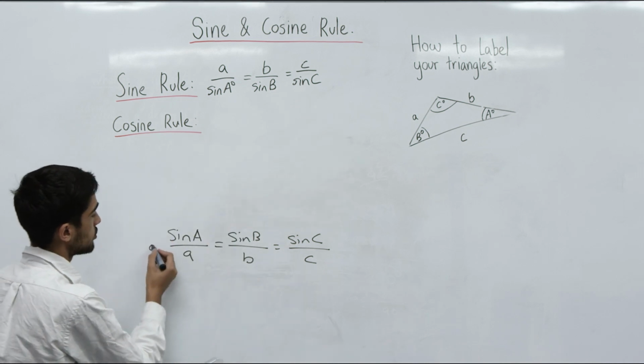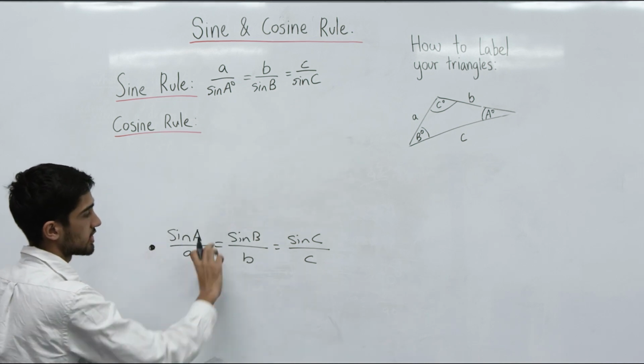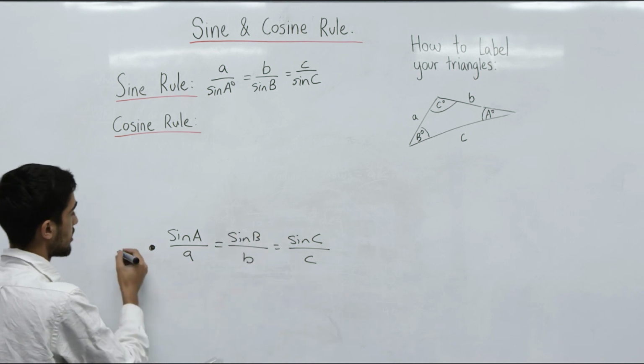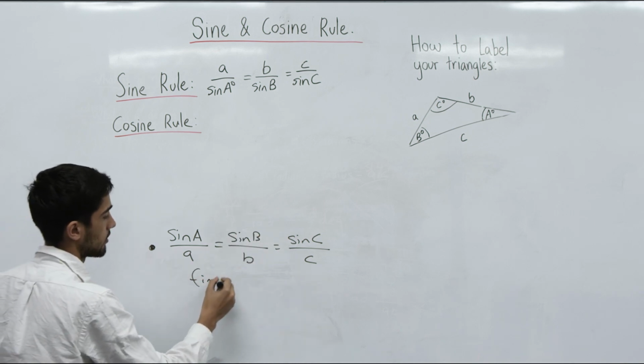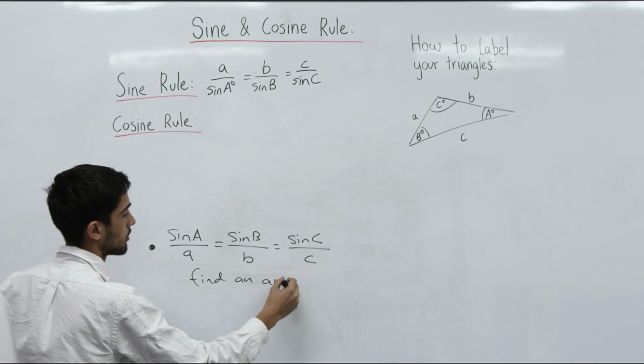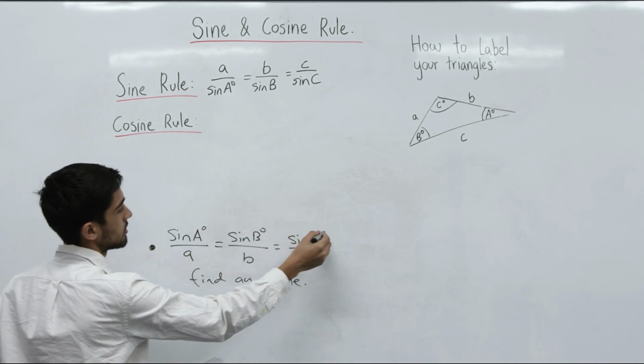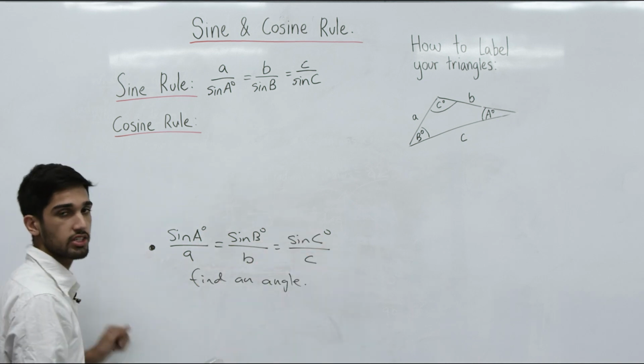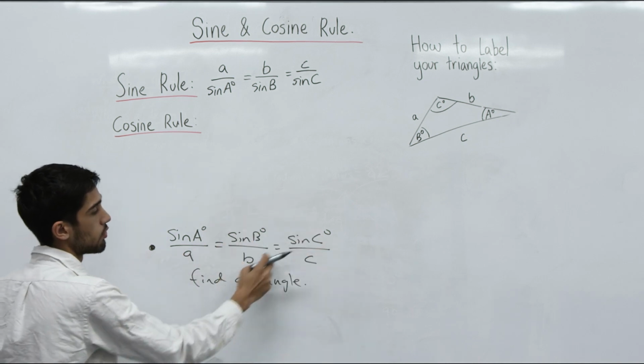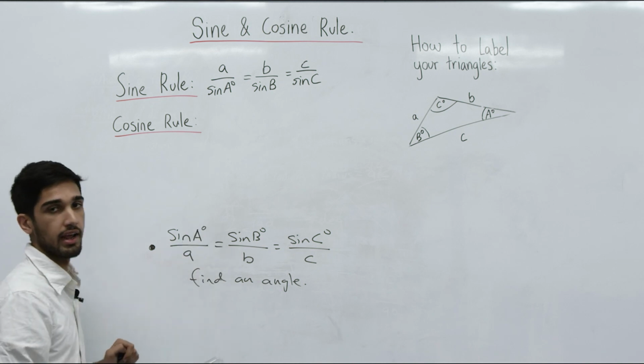I would typically use this flipped variation of the sine rule if you're trying to find an angle within the triangle. That's because the angles are given to us on top of the equation, so it's easier to move variables around and solve for that angle.